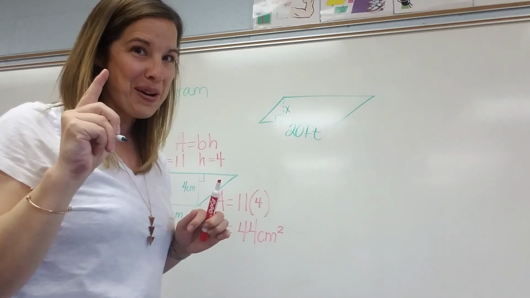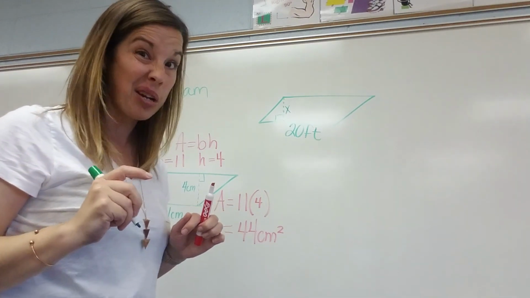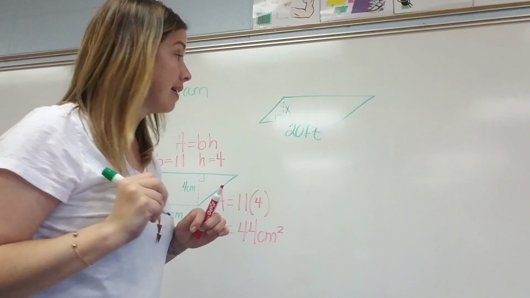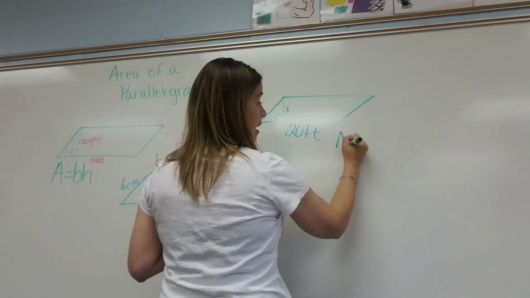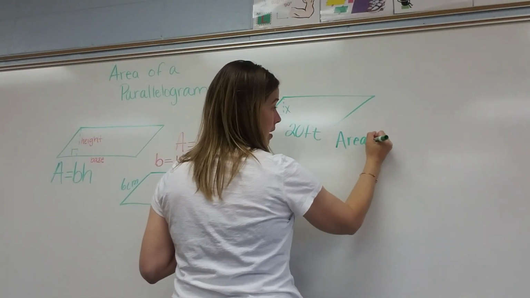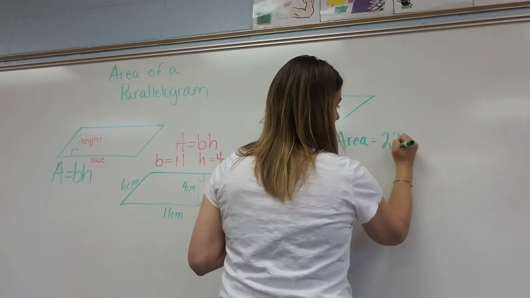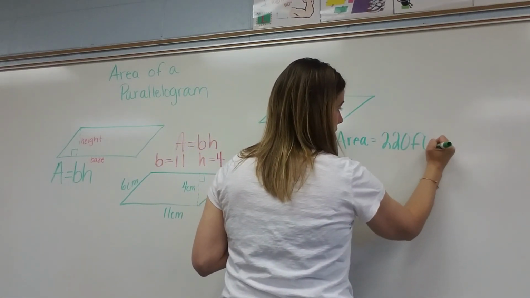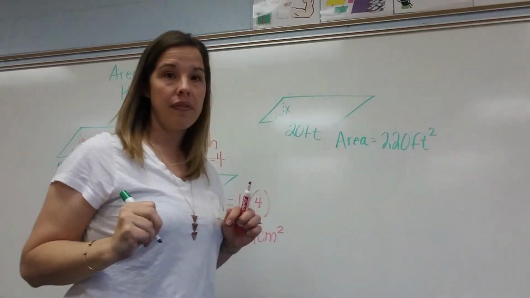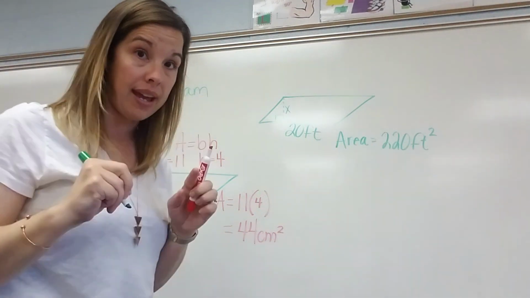Remember, that's a variable. It stands for a number. Guess what we're going to have to figure out? That number. And I'm going to tell you that the area of this parallelogram is 220 square feet. Okay? And we have to find the height.